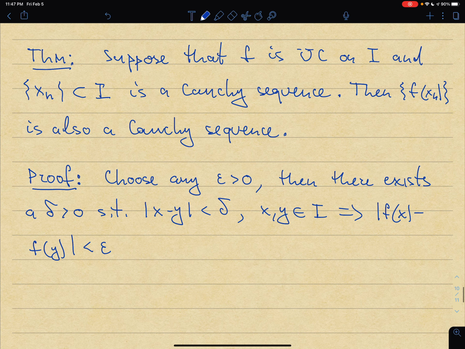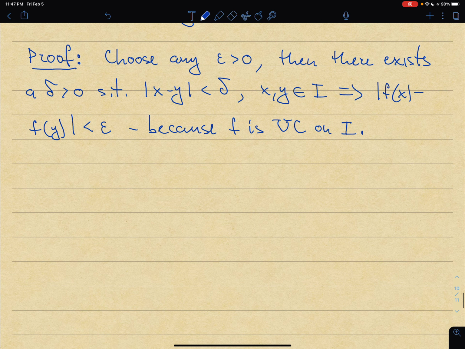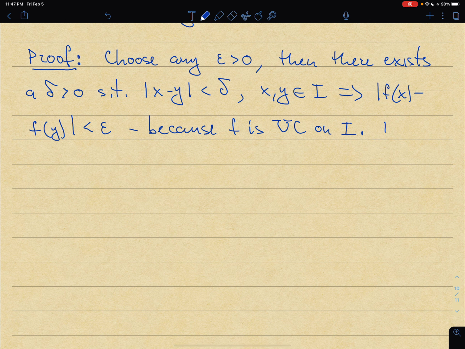Right, so this is true because f is uniformly continuous on I, right? Basically, I just use the definition of uniform continuity. Okay, so also, I know that the sequence xn is Cauchy.